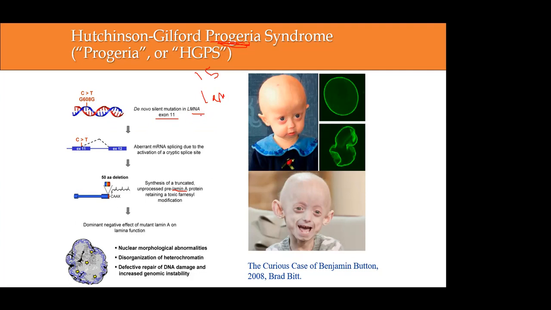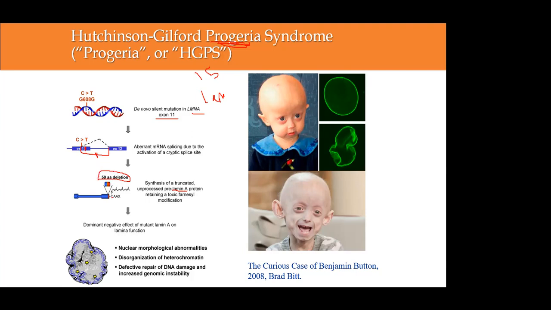What's going to happen? There's going to be a splicing. So with the intron that's here, part of the 11th exon is going to be deleted as well. Unfortunately, all of this from here is going to be deleted, including a 50 base deletion here.